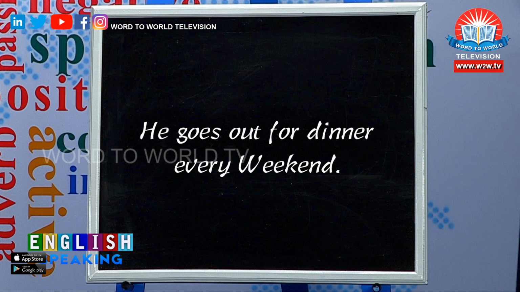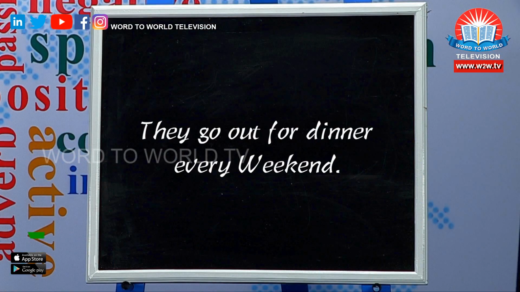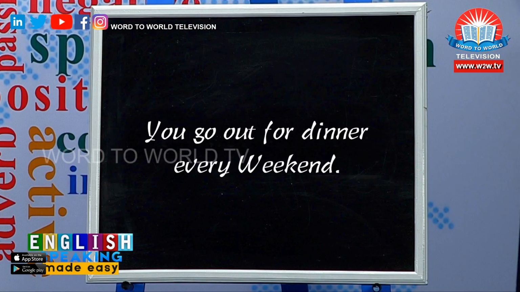When I use he or she, I say he goes out for dinner every weekend or she goes out for dinner every weekend. Now coming back to a third person plural, they, I would say they go out for dinner every weekend. If I am using a second person you, I would say do you go out for dinner or you go out for dinner every weekend.